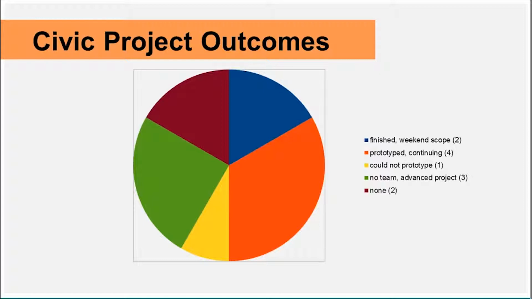There were 3 projects that did not get a team. So the idea is at a hackathon at the beginning, you do your pitches, people who want to work on the project sign up. Projects that get volunteers advance, those that don't get volunteers may not advance or get combined with other projects. 3 other projects did not get volunteers, yet the champions were so committed to those projects, they continued to work on them.